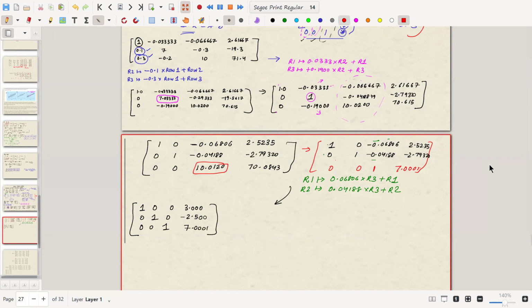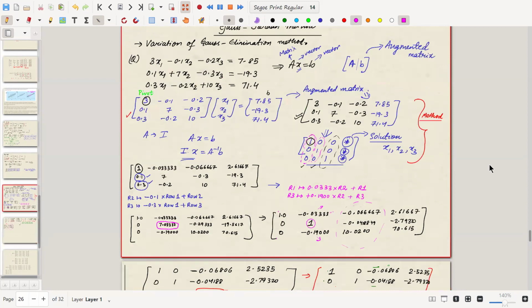So after you get this matrix here, this is your identity matrix, whereas this is your solution.